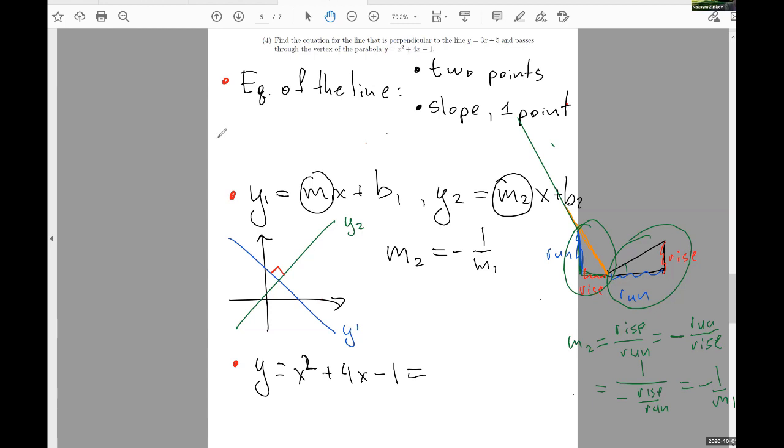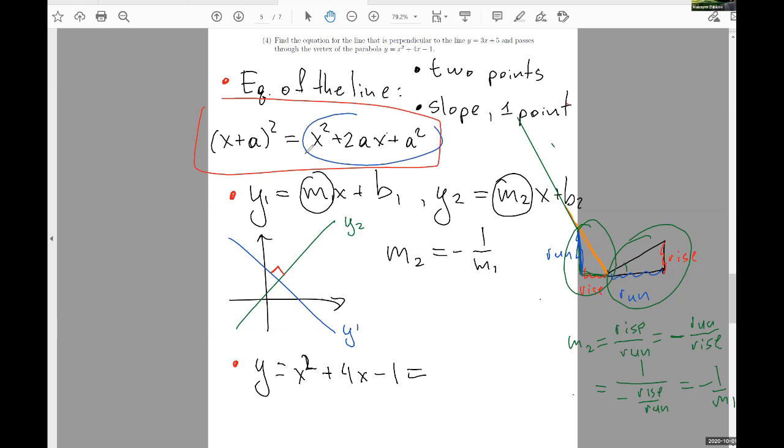Completing the square means if I take (x + a) squared, it's equal to x squared + 2ax + a squared. So completing the square means I'm starting with the right-hand side and moving to the left-hand side. I'm starting with some quadratic sum, and I want to complete the square.